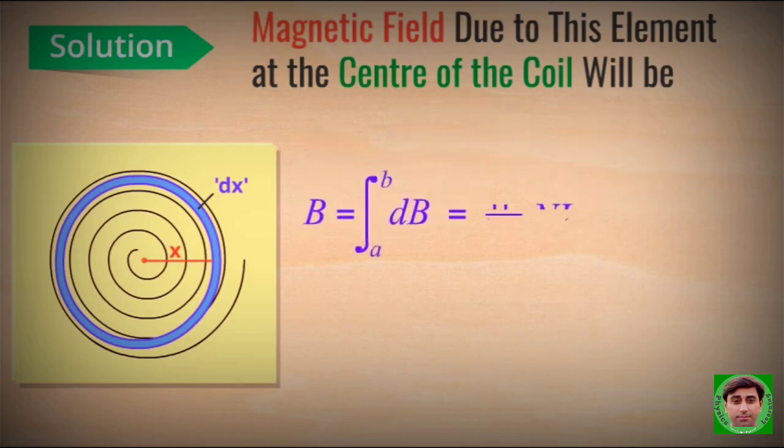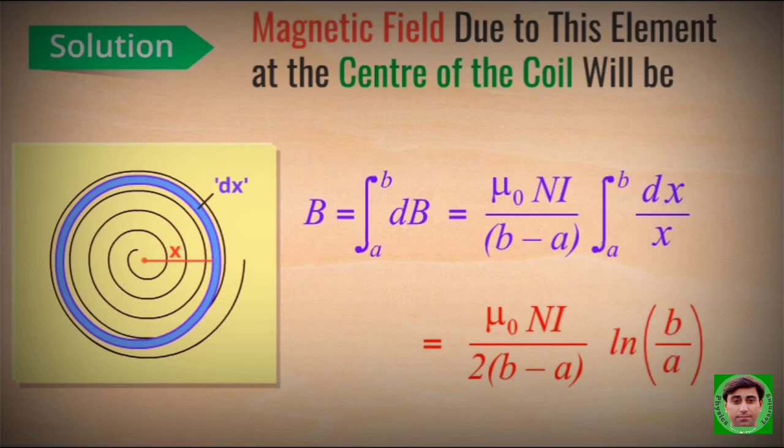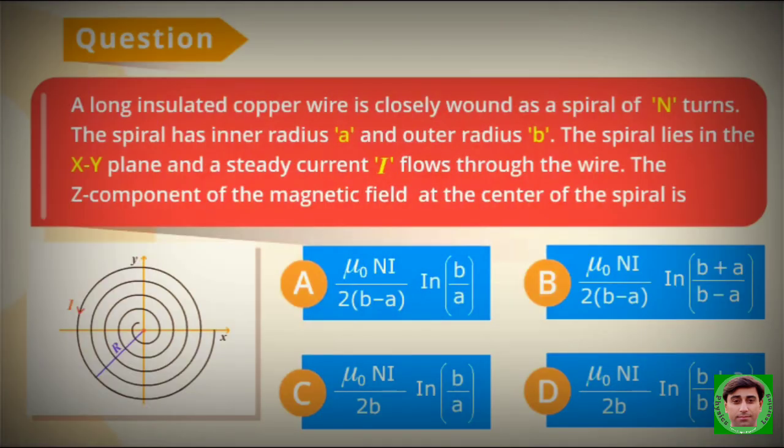On integrating this expression from limit a to b, we get magnetic field B equal to mu naught into n into I divided by 2 into b minus a, whole multiplied by ln b by a. Hence option A is the correct answer.